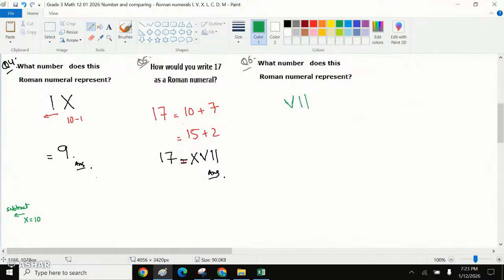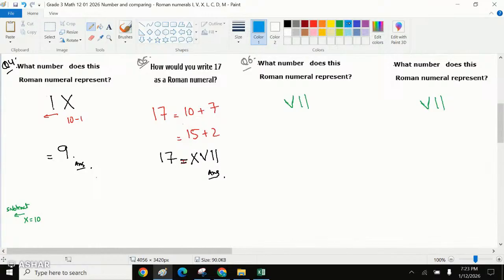Okay, this is very easy. VII would represent what? I'll just make another question out of it. So if we have another question, we'll try some other value, okay?